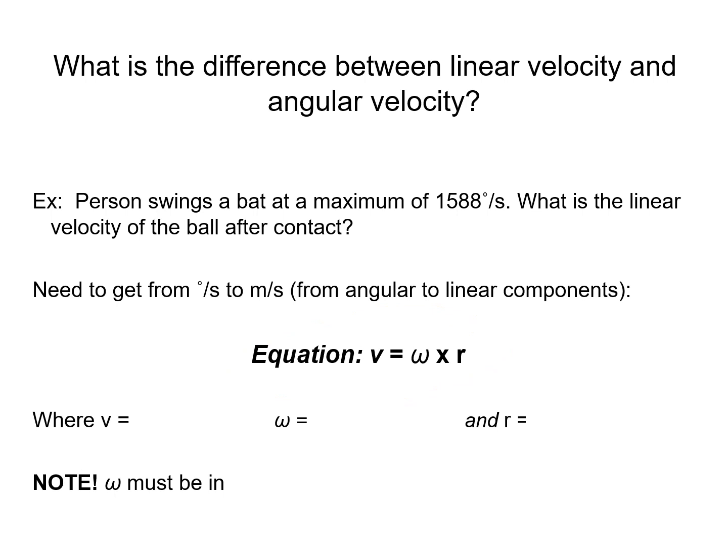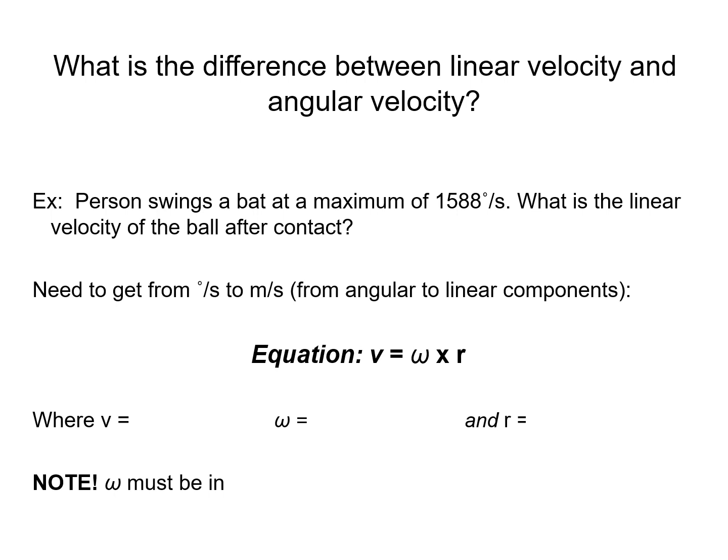A person is swinging a bat at a maximum of 1,588 degrees per second. What is the linear velocity of a baseball after the bat contacts that ball?